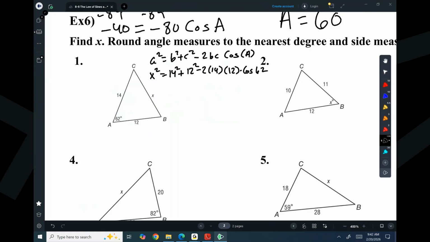Get this whole section right here, all of this is just a number. There's no variables there, so it's just some number, right? So just type that all in, and that's what X squared is.